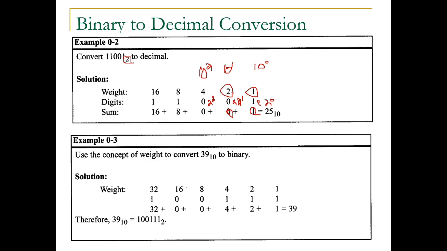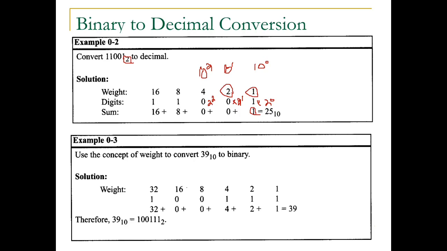And so on, the weight of the fourth bit is 8, and 8 multiplied by 1 is equal to 8. The fifth bit has weight 16, and 16 multiplied by 1 is equal to 16. After multiplying each bit, we sum all the numbers.